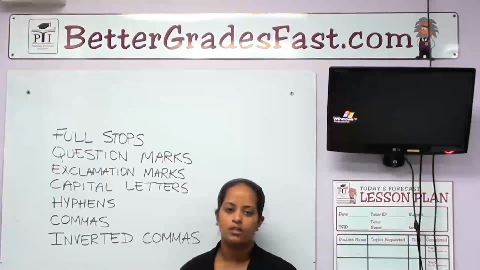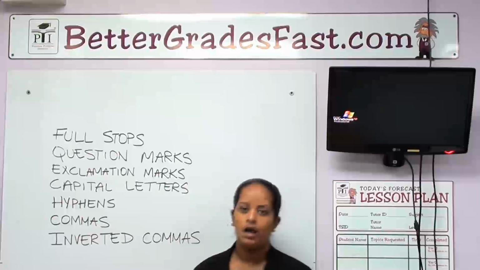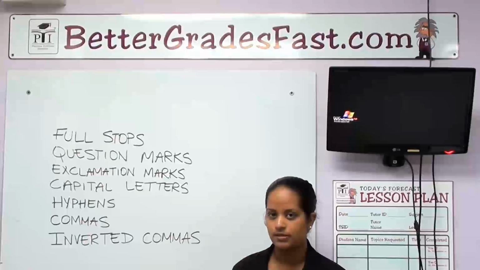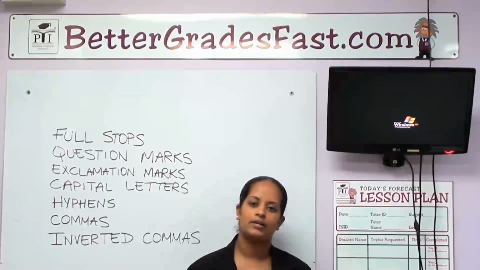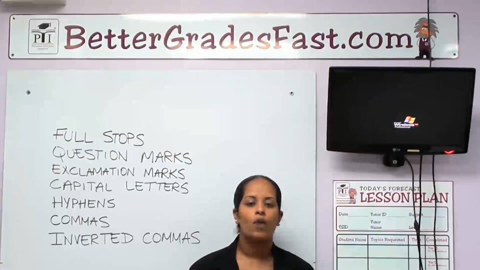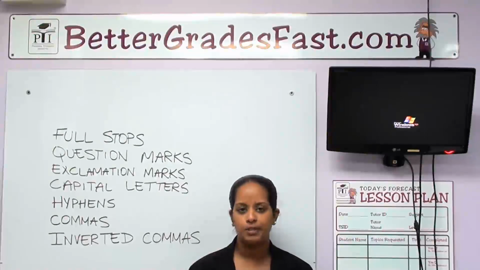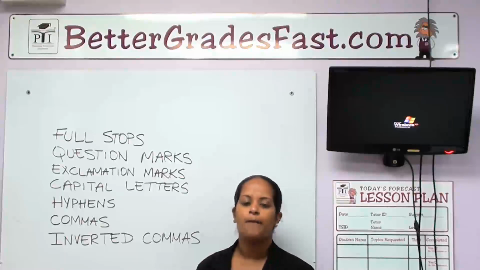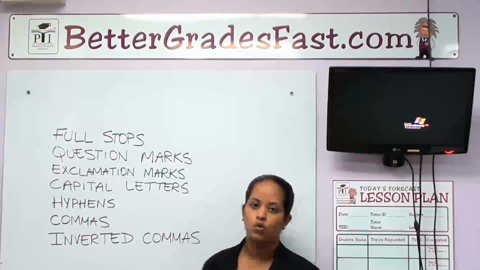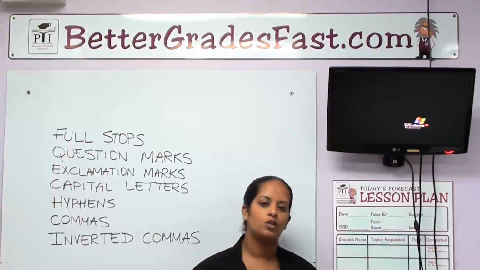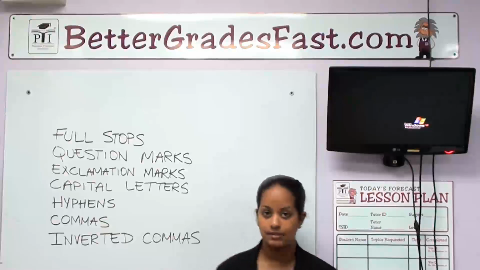We then go on to commas. Commas have many uses. However, the two main uses that we can recognize are when you are using direct speech, you need your comma before you write your quote. Also, commas are used when you list something in a sentence.